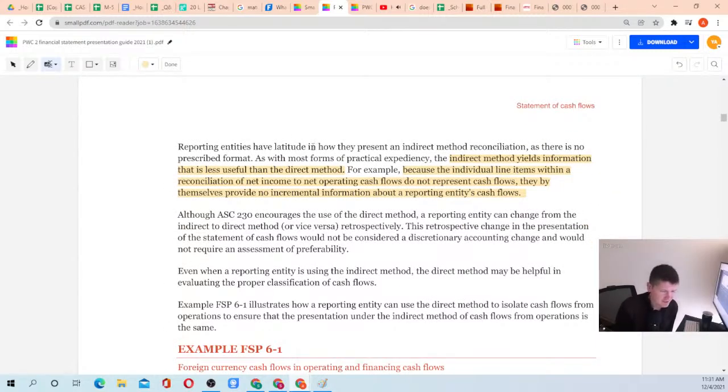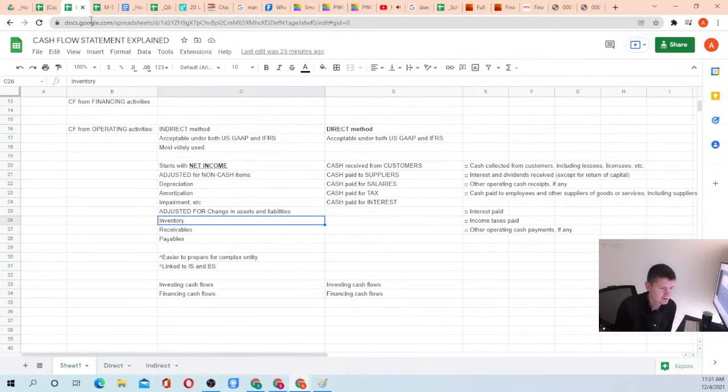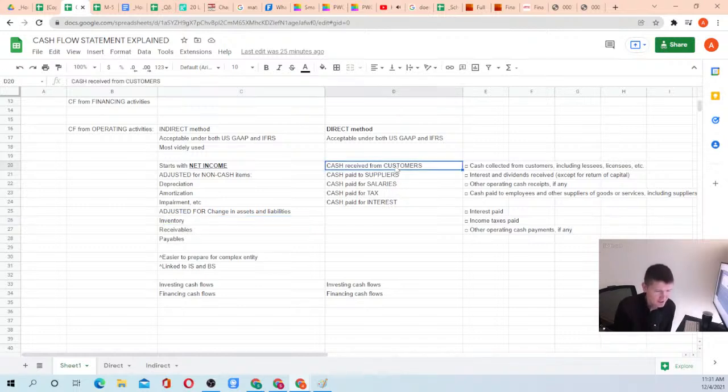Reporting entities have latitude on how they present an indirect method reconciliation. Indirect method yields information that is less useful than the direct method. For example, because the individual line items within the reconciliation of the net income to net operating cash flows do not represent cash flows, they by themselves provide no incremental information about the reporting entity's cash flows. So what they mean here, why they like the direct method more, is because in the direct method we have cash received from customers.